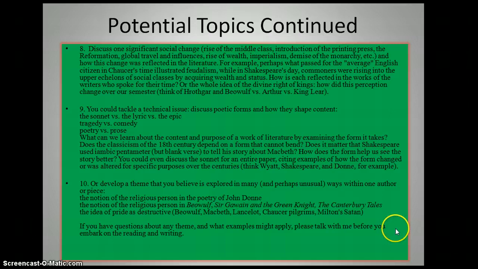Okay, there are some other ideas as well. If you go to A24 in your text, there are selections by theme in the text. Okay, and you can look at that as well. So there are a lot of various ways that you can address and tackle a different type of topic.